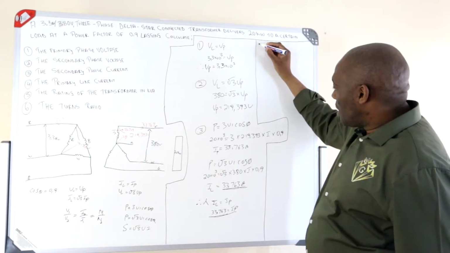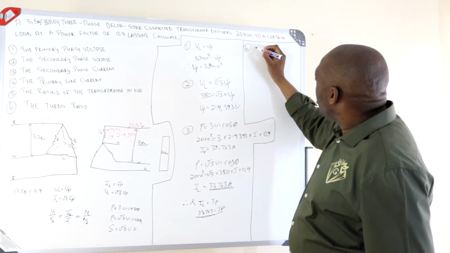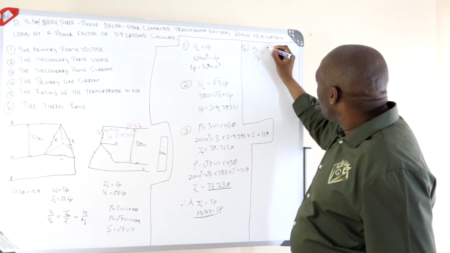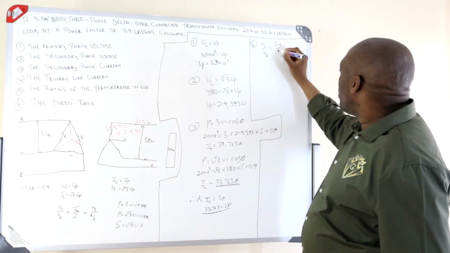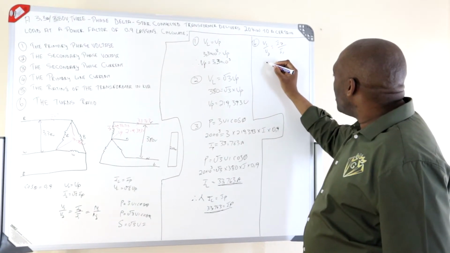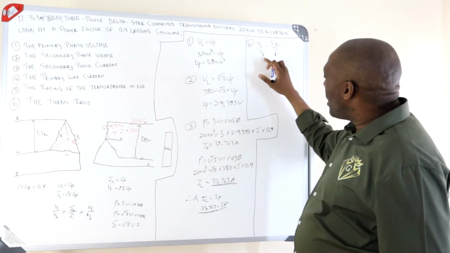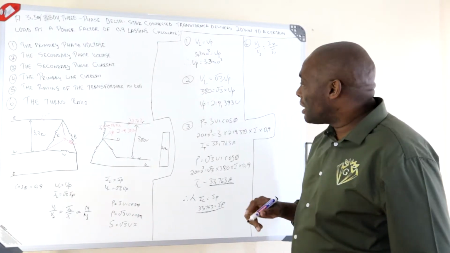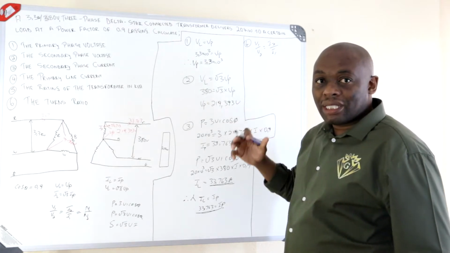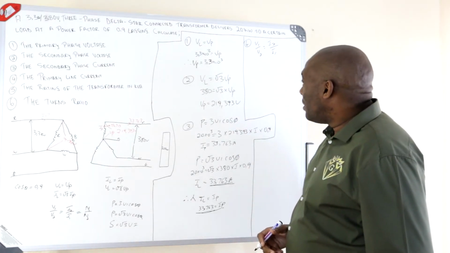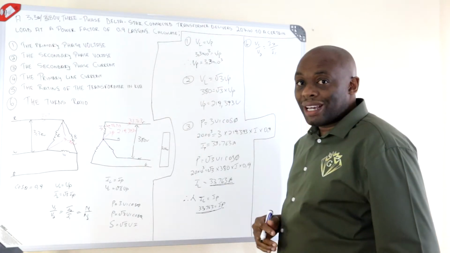In this case, question number 4, we can use V1 over V2 is equal to I2 over I1. The 1 represents your primary, the 2 represents your secondary. Your primary and secondary values can either be line values or phase values. In this case, we are using line values.